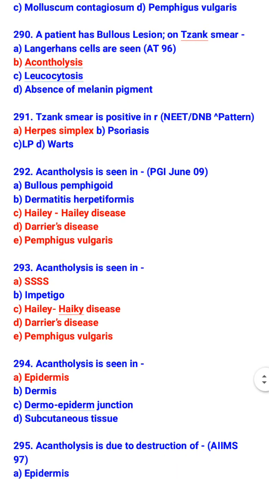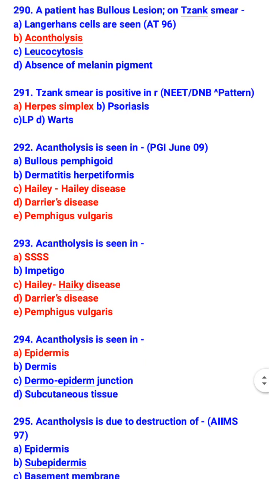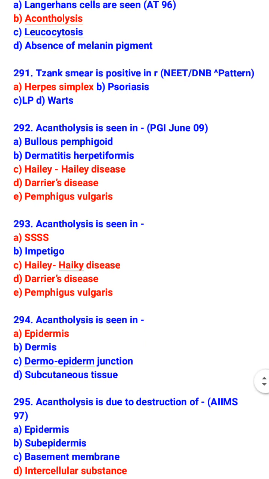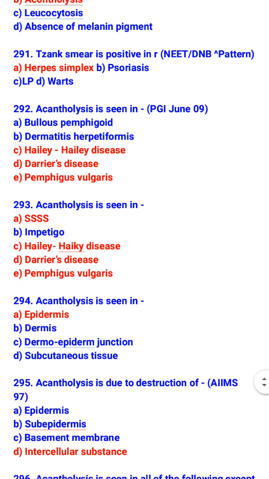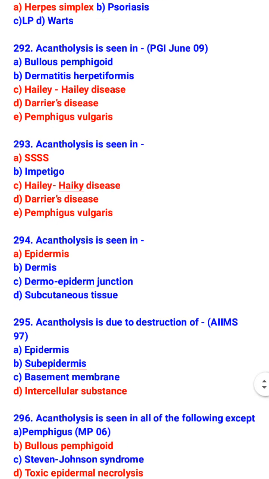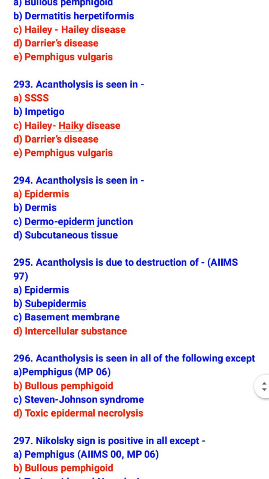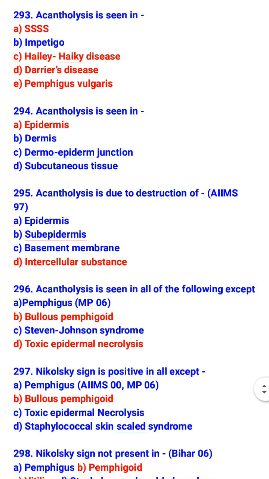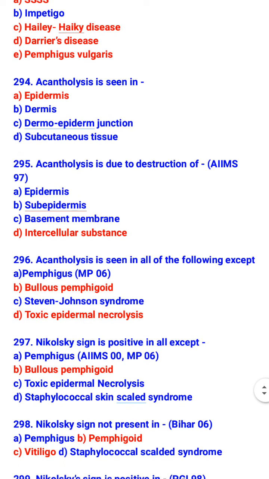Acantholysis is seen in Hailey-Hailey disease, Darier's disease and pemphigus vulgaris. Acantholysis is seen in staphylococcal scalded skin syndrome, Hailey-Hailey disease, Darier's disease and pemphigus vulgaris. Acantholysis is seen in the epidermis. Acantholysis is due to destruction of intercellular substance.